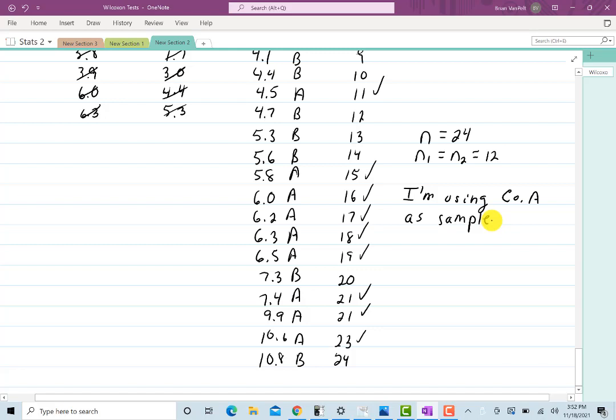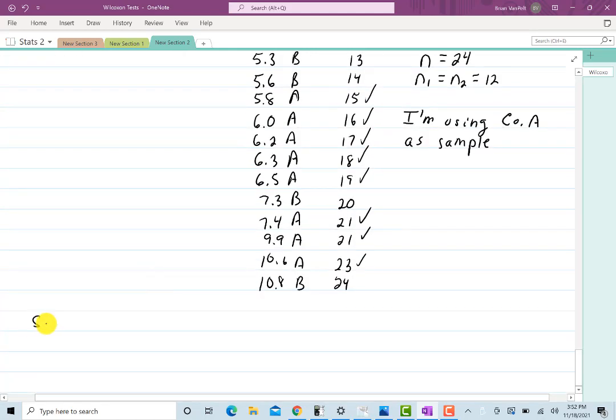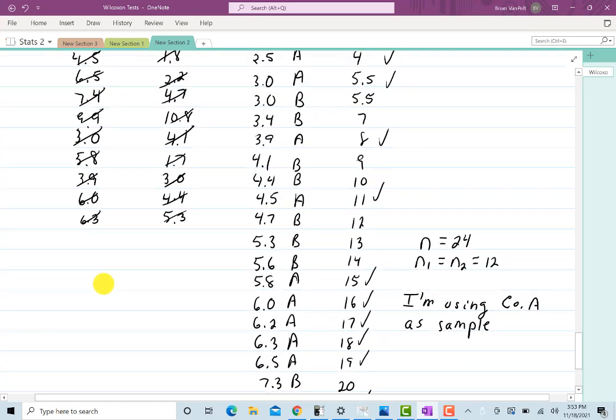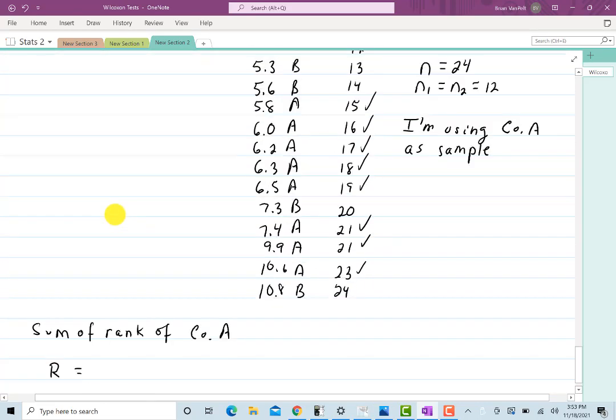So let me add up those ranks for column A. That's because Company A had the smaller sample size. I know they're equal, but we had to pick one of the sample sizes. So R will be what we use, and I'm going to add up all of those numbers. Let's see all the numbers that were involved with A. I had 4 and 5.5.